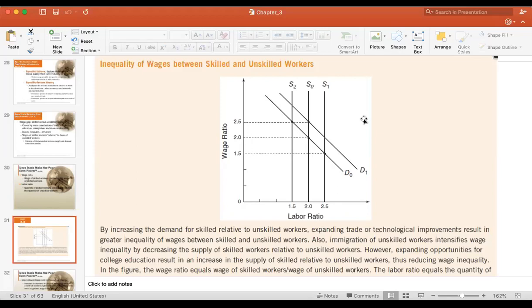Wouldn't it increase it more, the wage gap? Because then you'd be labor abundant of unskilled workers. Yes, you would be labor abundant of unskilled workers, but what would happen to the wage ratio? Here, remember, we're talking about wage ratios. So the wage ratio would go down, right? Very good. It will go down.